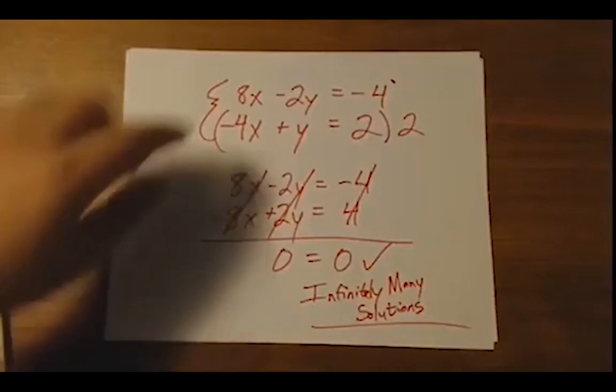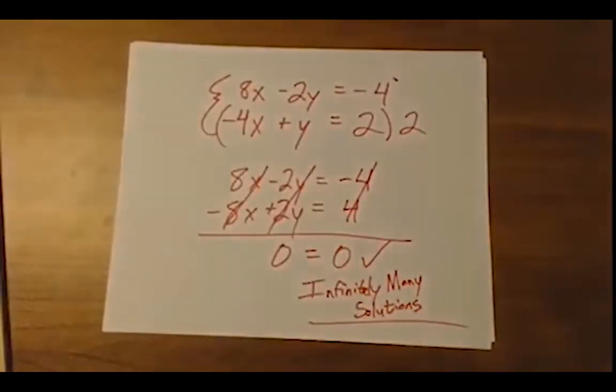There's infinitely many solutions of the form 8x minus 2y equals negative 4. You can pick a value for x and solve for y, and that will be a solution to the system. There are infinitely many solutions.